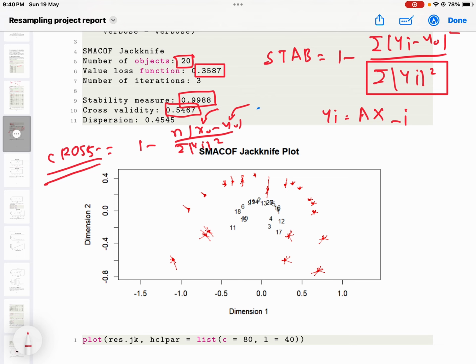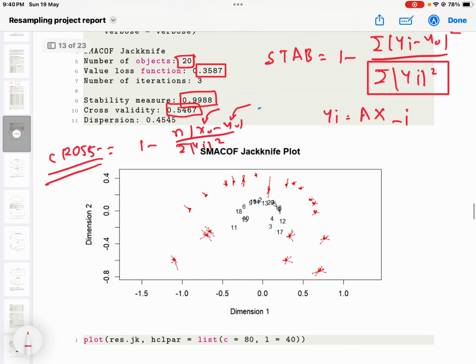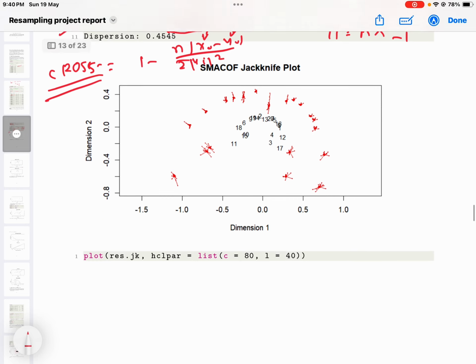So if cross is not close to 1, which means this is not close to 0, then there is some bias. So we can use this cross validation measure to correct for the bias.